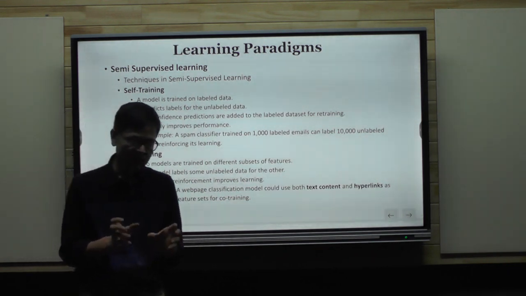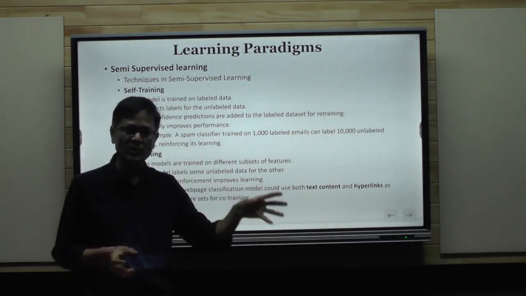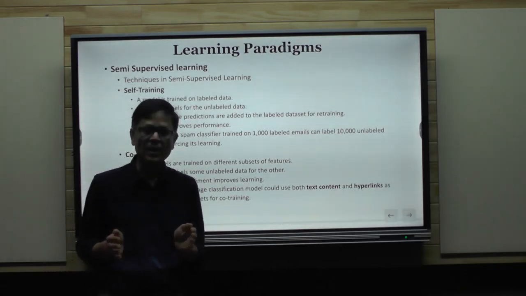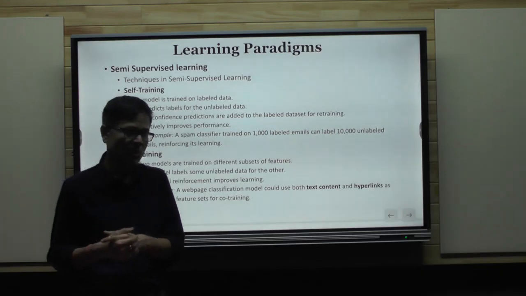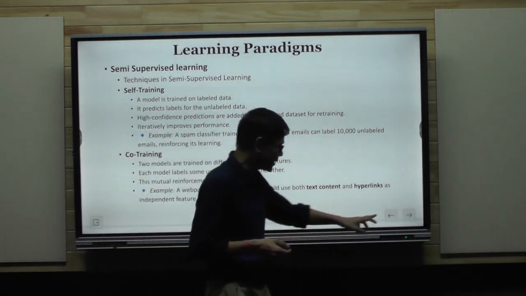That means you can have your training on the same object, but some features are given to one system, and some other set of features are given to some other system or model. Okay, so we can perform co-training.